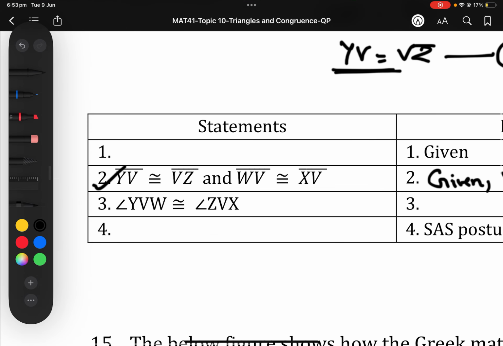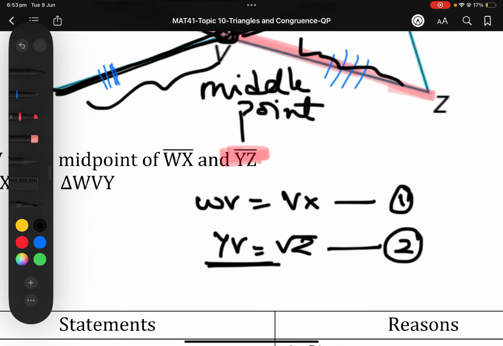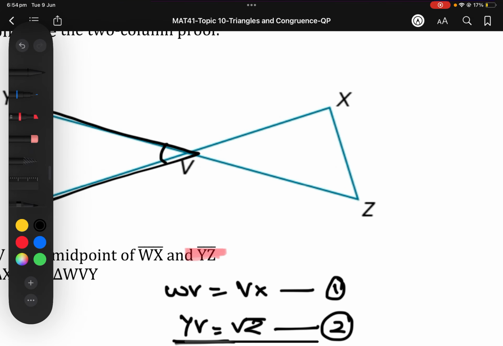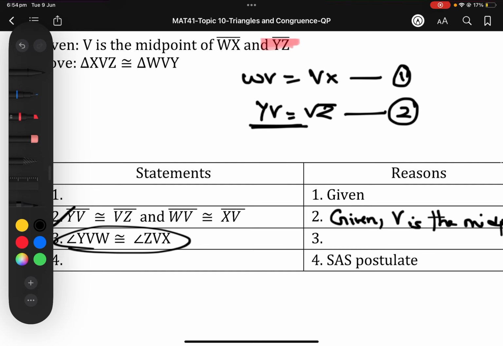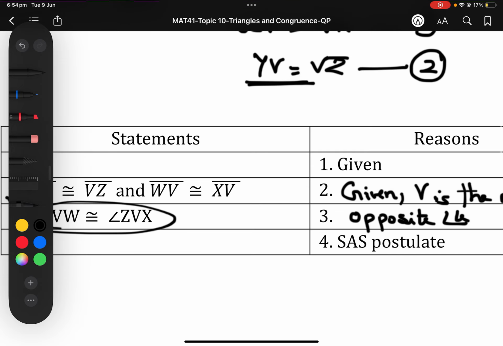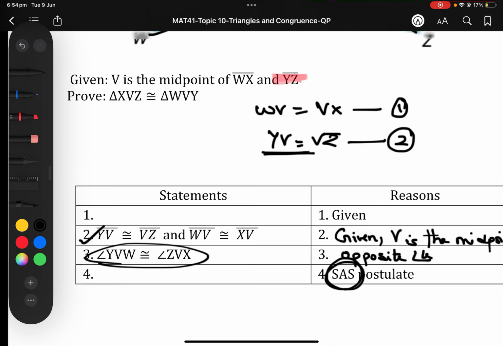Okay, then it is saying the angles are equal. YVW. This angle is exactly the same as ZVX or XVZ. Why is that so? Because they form the opposite angles. What do they form? They form the opposite angles. And we are using the SAS postulate.